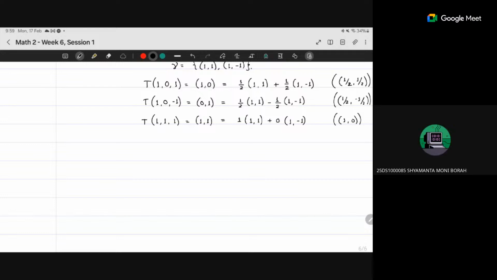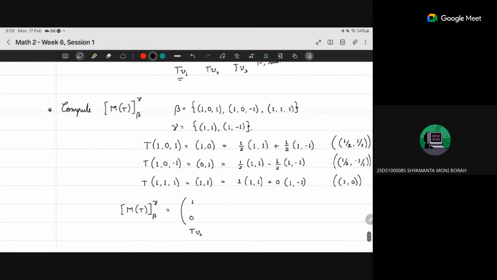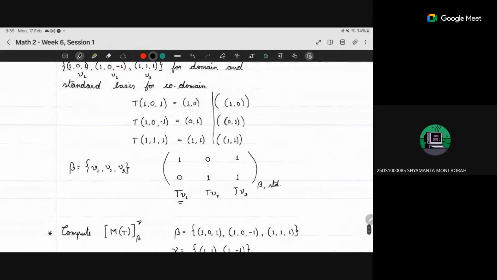Just one moment, let me finish this. If I write the matrix of T with respect to beta on the domain and gamma on the codomain, I look at T of v1 and I write the coordinates. I don't write (1, 0). Last time I wrote (1, 0) because the vector and its coordinates were the same, as we were in the standard system.